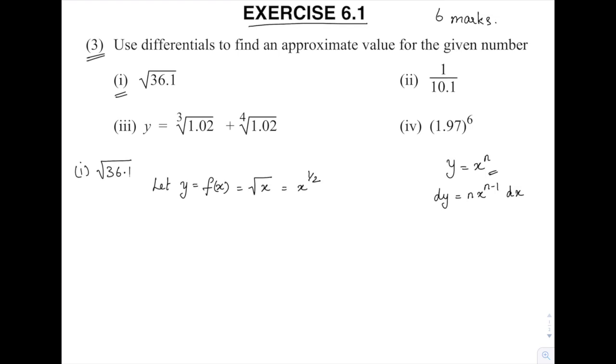Then dy is equal to, here n is 1 by 2, so 1 by 2 into x to the power of 1 by 2 minus 1 into dx. So dy is equal to 1 by 2 into x to the power of half minus 1, that is minus 1 by 2, dx.